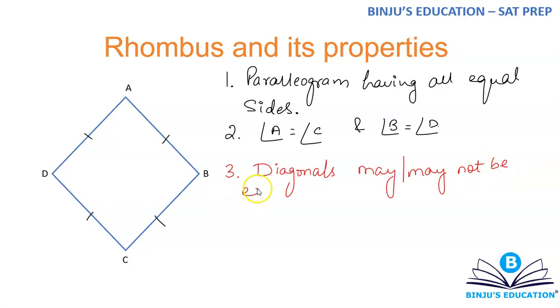But they bisect each other at 90 degrees. This is very important. Diagonals may or may not be equal, but they bisect each other at 90 degrees.